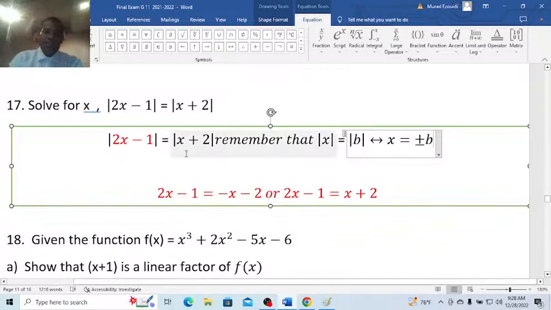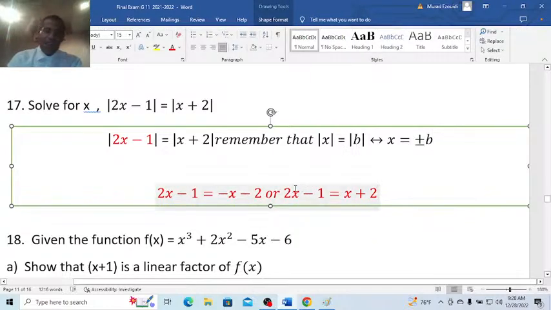So in this example, x is the same as 2x minus 1. We wrote 2x minus 1 equals minus b, where b is x plus 2. It will be minus x minus 2, or 2x minus 1 equals x plus 2. Then you are going to collect like terms. Okay, I will just do this one again. Copy.